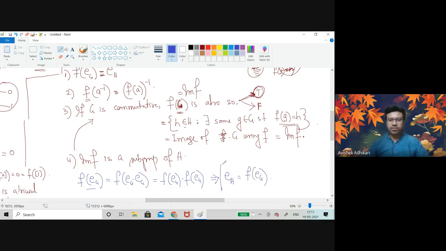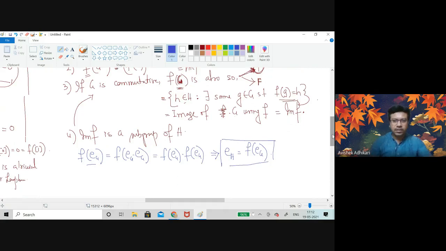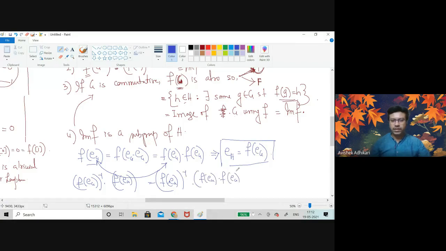Is this step clear to all of you? I am multiplying both sides by this inverse: f of e_G inverse into f of e_G equals f of e_G whole inverse into f of e_G into f of e_G. Now you have the associative law, so you can group these two together.